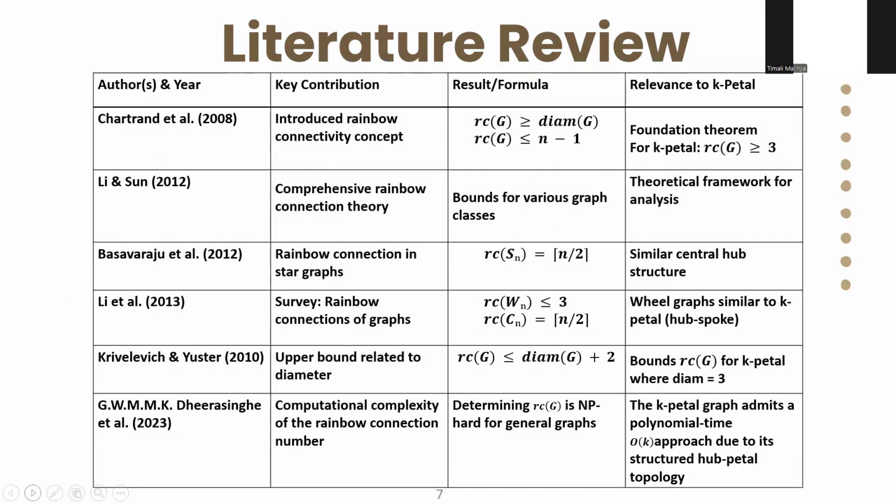Let's move on to the literature review. The study of rainbow connection in graphs began with the foundational work of Chartrand and his colleagues in 2008, who formally introduced the concept of rainbow connection, defined the rainbow connection number rc(G), and established the fundamental result that for any connected graph G, the rainbow connection number is always greater than or equal to the diameter of the graph.